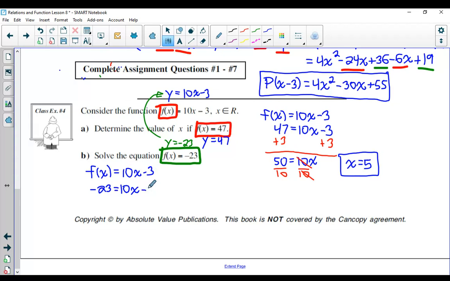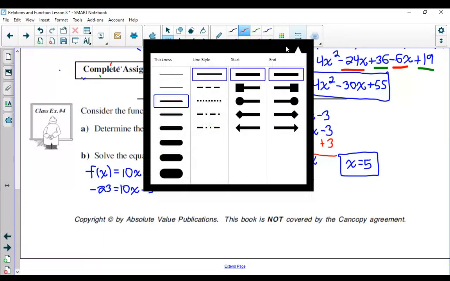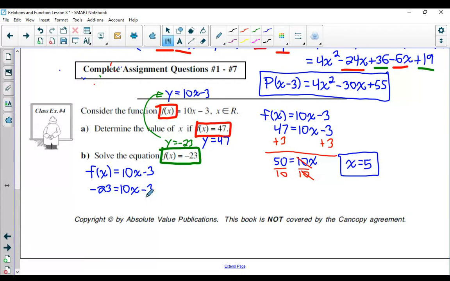Okay. And now we want to solve for x. So same thing. Let's get x isolated by starting off by getting rid of that constant term. So we're going to add 3. And that's going to give me negative 20 is equal to 10x. And then to get x by itself, just divide both sides of the equation by 10.